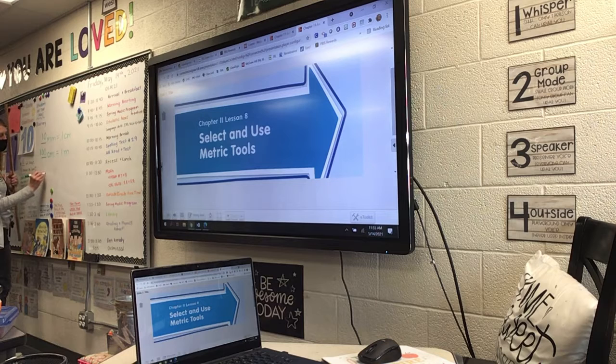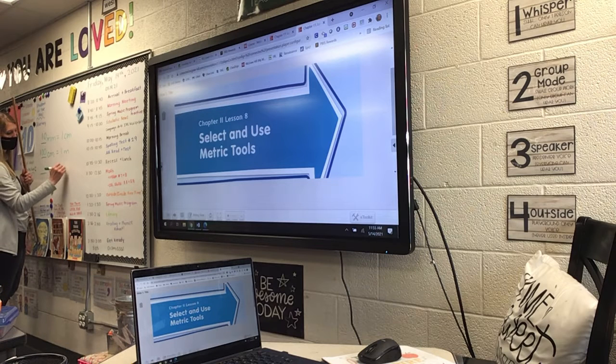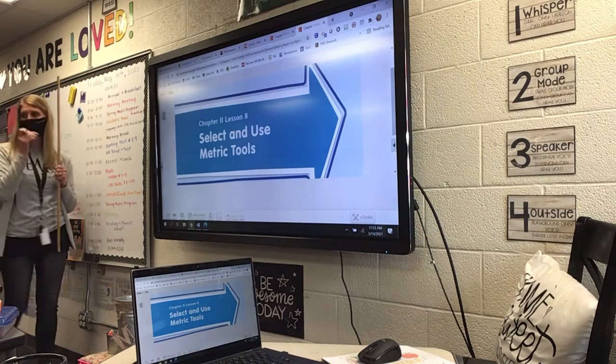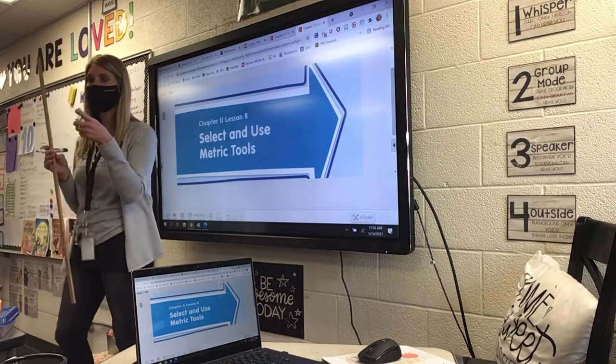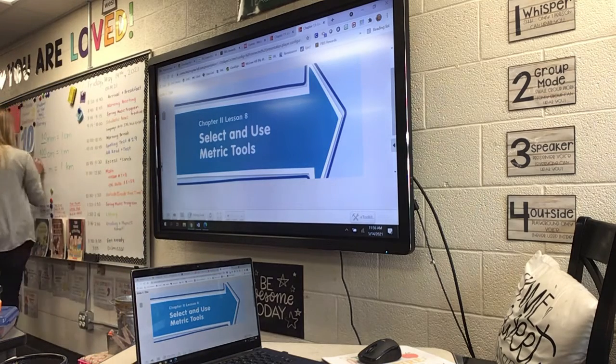Now, I want to write one more. How many of these meters gives me a kilometer, which is like a mile? Who remembers, John? 1,000. Good job. Excellent job.